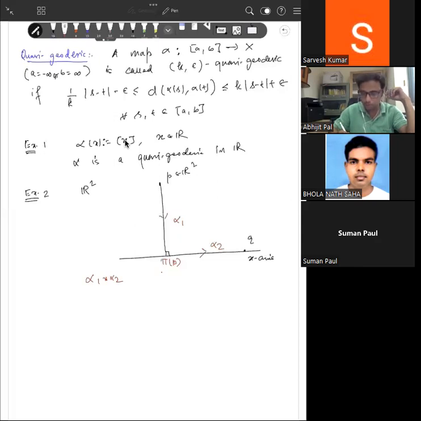You can prove that this is a (3, 0) quasi-geodesic. Whenever I say this, it means you are taking the arc length parameterization of this.